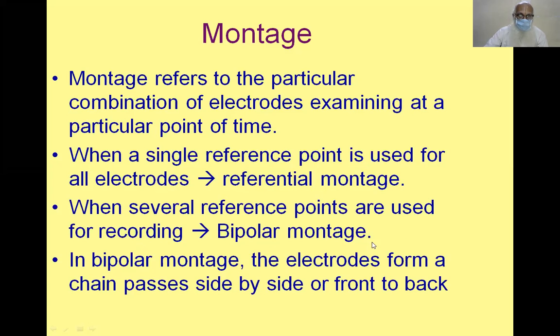Another is the bipolar montage, where several reference points are used for recording. That means here the reference point is the same, and here there is no such common reference point. In the bipolar montage, the electrodes form a chain passing side by side or front to back, which I will show you.